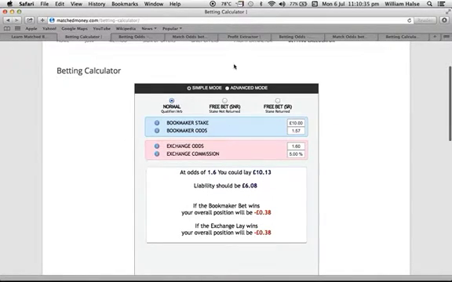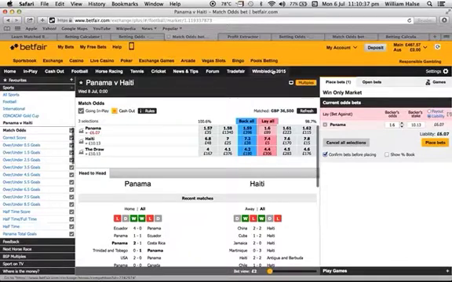So their winnings is £6.08. And we're basically saying to that other person, yes, you can bet on Panama to win, but if they don't win, we're keeping your £10.13. If they do win, we're going to pay your winnings of £6.08.